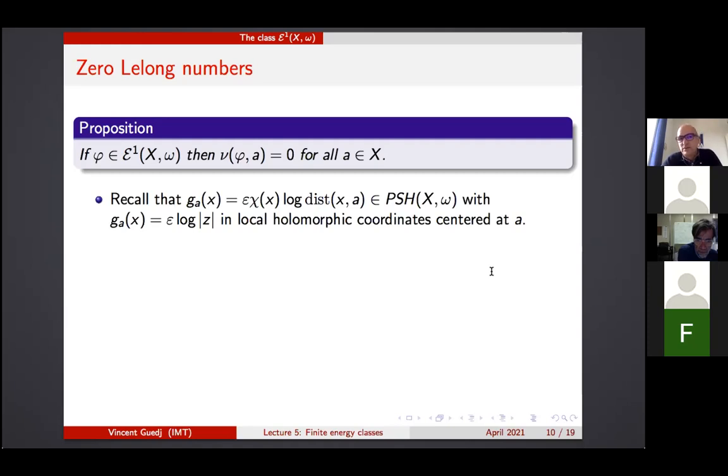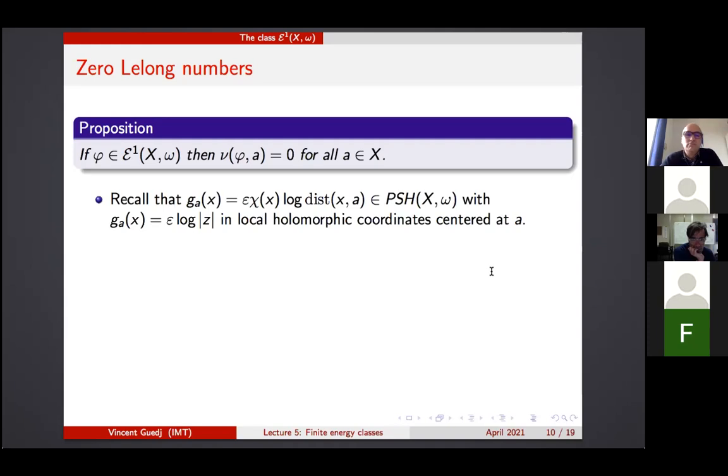Near the singular point, dd^c is positive because you are looking actually at the log of the norm of a holomorphic coordinate, so it is a psh function near the singularity. Outside of the singularity, you have killed, of course, the plurisubharmonicity, but you are looking at the dd^c of a smooth function.